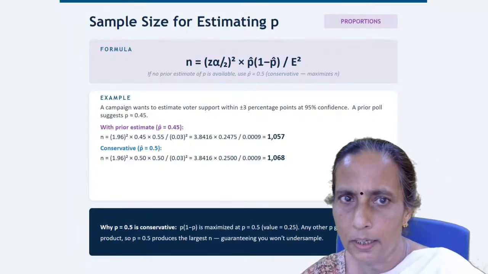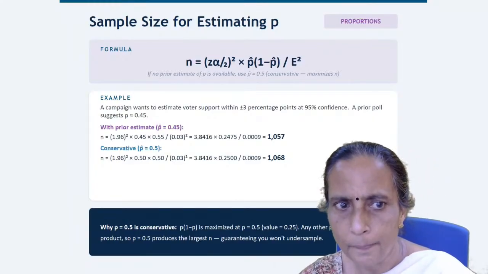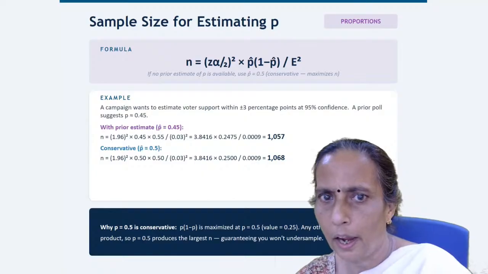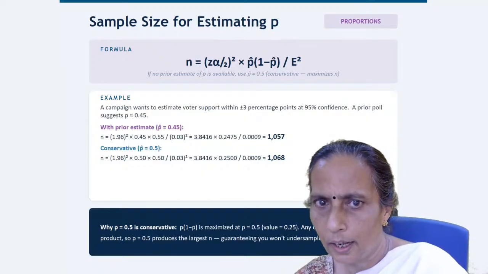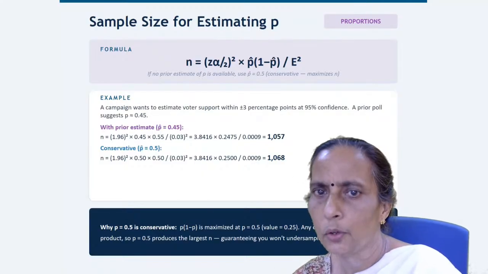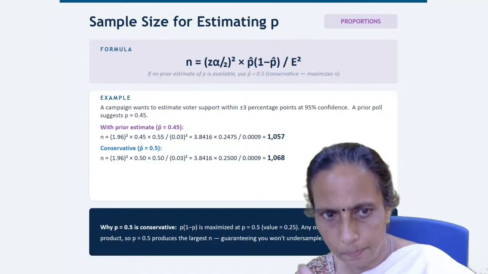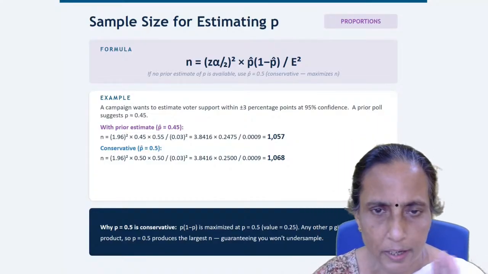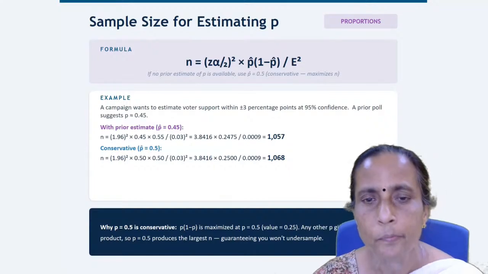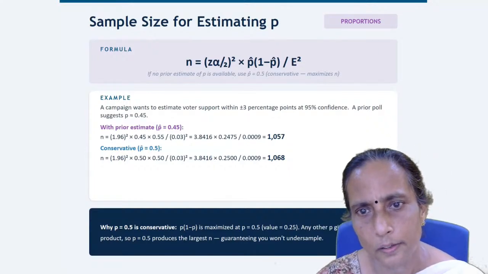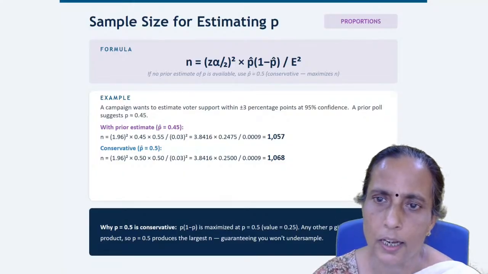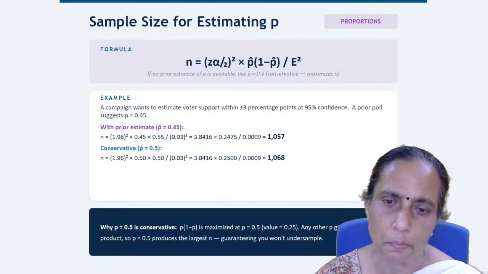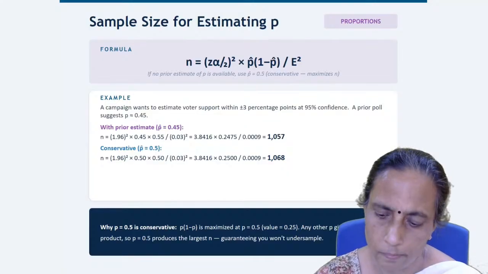Okay, and similarly, for the sample size for estimating p, the formula will be n = z(alpha/2) squared into p cap (1 − p cap), divided by E squared. If no prior estimate of p is available, then always use p cap equal to 0.5, which we consider a conservative value to maximize our n.